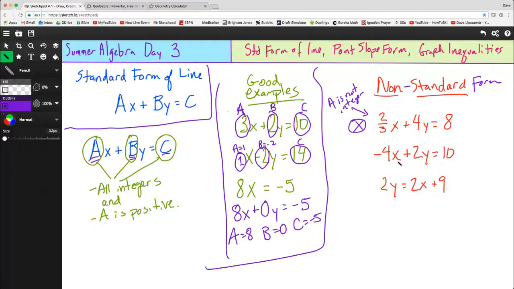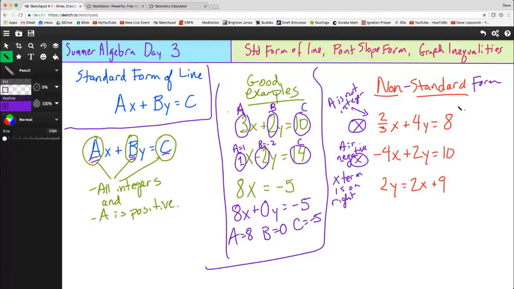The second one is not in standard form because our a is negative. Remember, a must be positive. So a is negative. And this one is not in standard form because our x term is on the right, and the x term must be on the left.